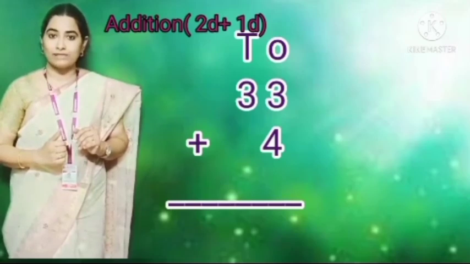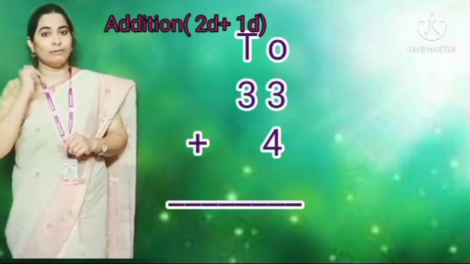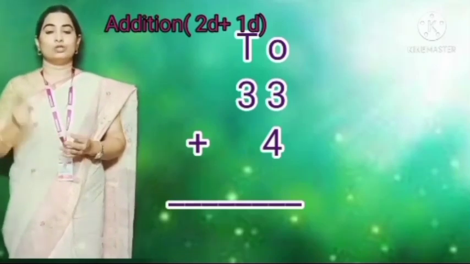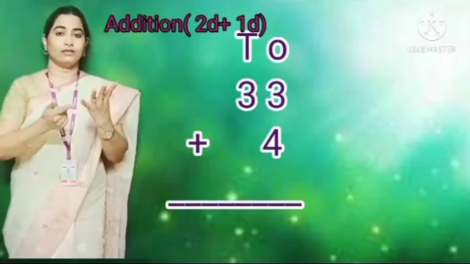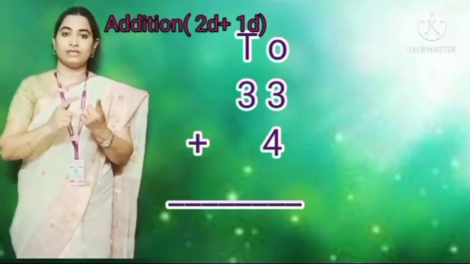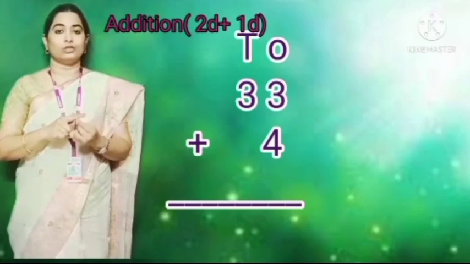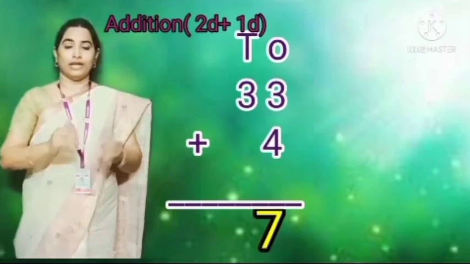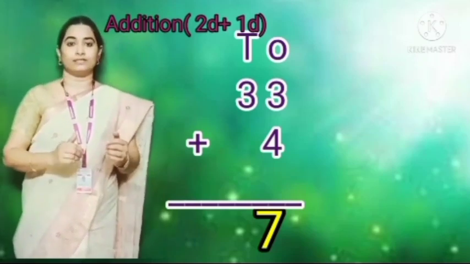How we will add 3 plus 4? 3 in the mind, 4 in the fingers. So after 3, 4, 5, 6, 7. So what is the answer? Answer is 7. And now we have completed the ones.